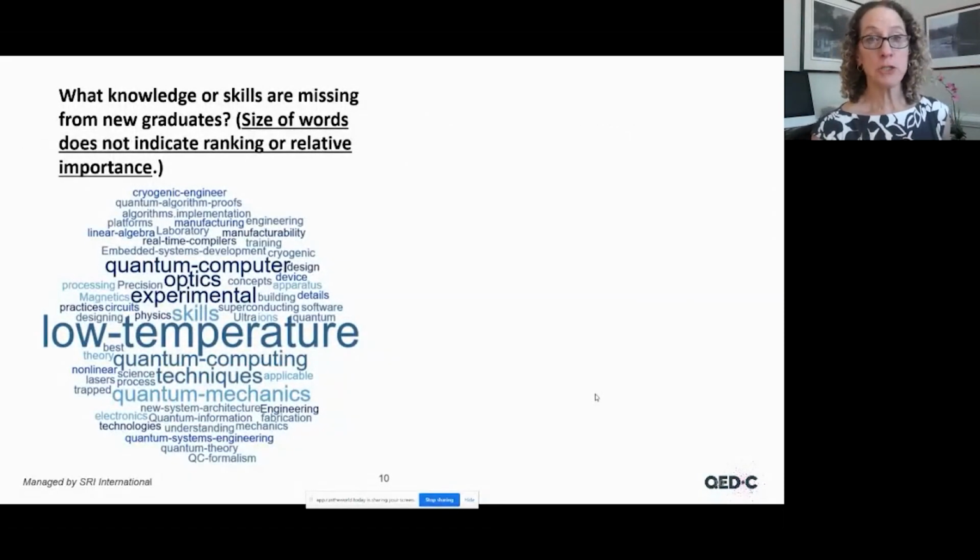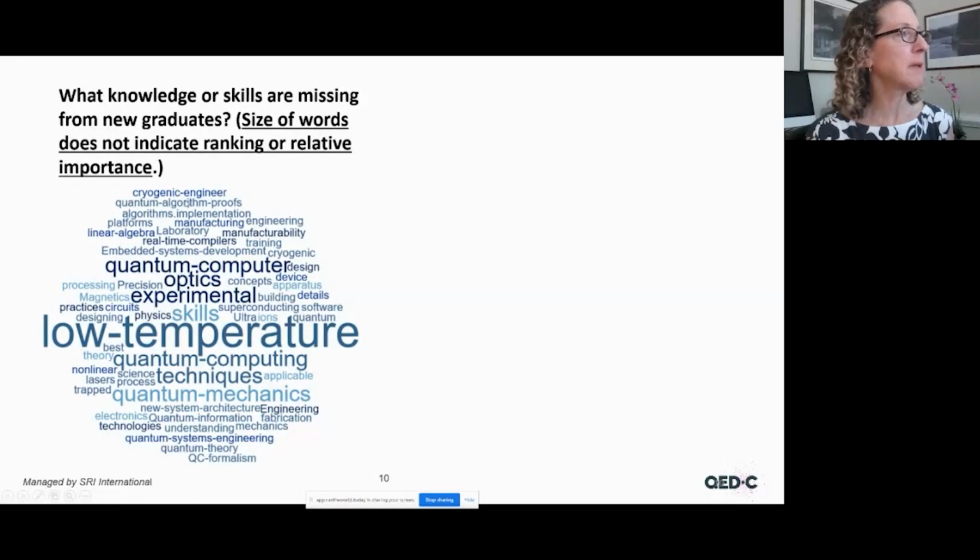We then asked a question about what the knowledge or skills that's missing from their new hires look like. And this is sort of a word cloud that is somewhat misleading. Low temperature stands out just because of the way we asked the question and collected the information. So don't worry too much about the size of the words here, but the diversity of them.